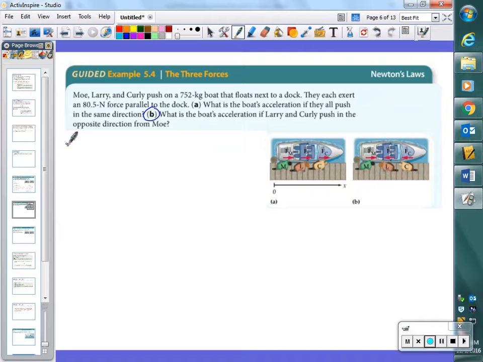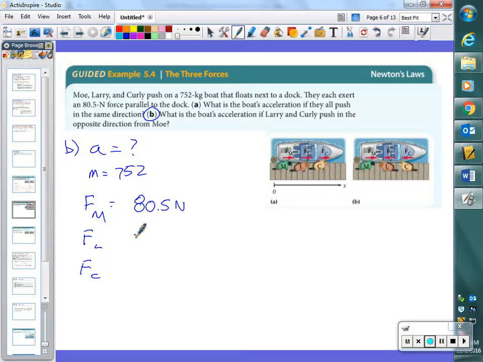So in this case, for part B, it's asking us for acceleration. The mass of the boat hasn't changed. That's still 752. But now in this case, we still have three forces, right? We have force of Mo, force of Larry, force of Curly. They're all still pushing at 80.5 newtons.